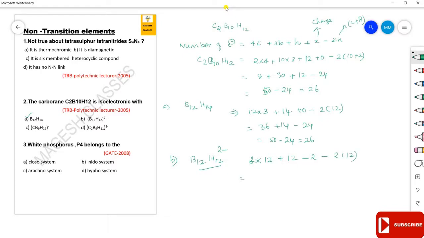So this is equal to 36 plus 12 minus 2 minus 24, which is 48 minus 2 minus 24. So 48 minus 26 is equal to 22. So this is not the answer. In this way we can calculate the other options C and D. So what is our answer? The option A. The question is solved.